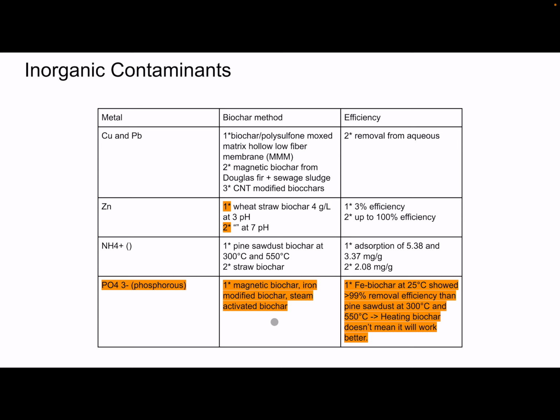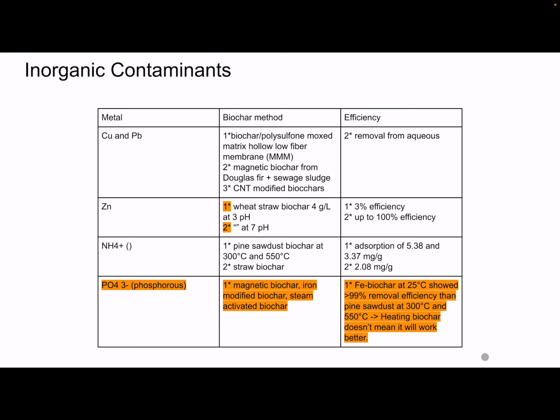This here shows that even though we increased the temperature of biochar, the iron biochar at 25 degrees Celsius showed more than 99% removal efficiency compared to pine sawdust biochar at 300 degrees Celsius or at 550 degrees Celsius. It just shows that heating the biochar doesn't necessarily mean it'll work better.